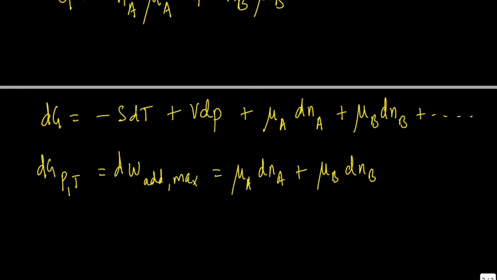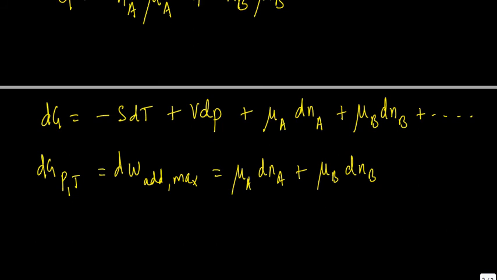Because I can make this glucose combustion happen at normal atmospheric pressure and body temperature. That's what happens inside a body, right? Normal pressure and temperature. So that's the work done additional, and since it's reversible, it's maximum.